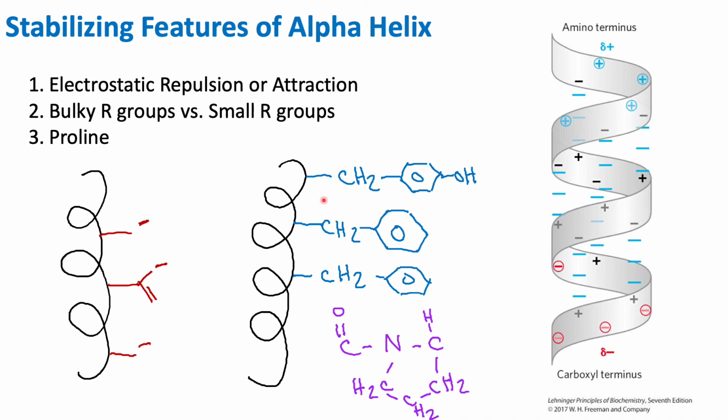And that is the stabilizing features of alpha helix structures. And remember that the alpha helix is a secondary structure.